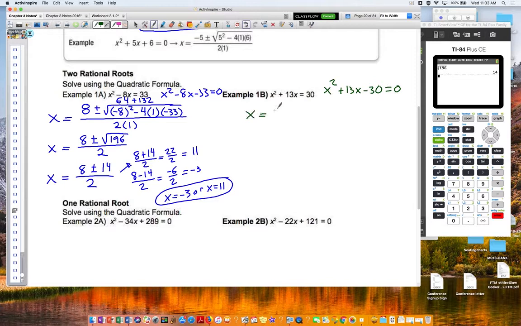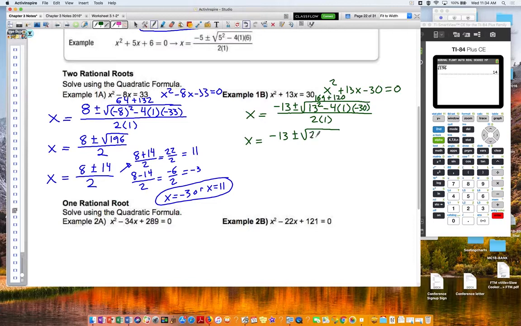x equals negative 13 plus or minus the square root of 13 squared minus 4 times 1 times negative 30, all over 2 times the a value, which is 1. So x equals negative 13 plus or minus the square root of 13 squared, 169, minus a minus makes a plus. So negative 4 times 1 times negative 30 makes 120.